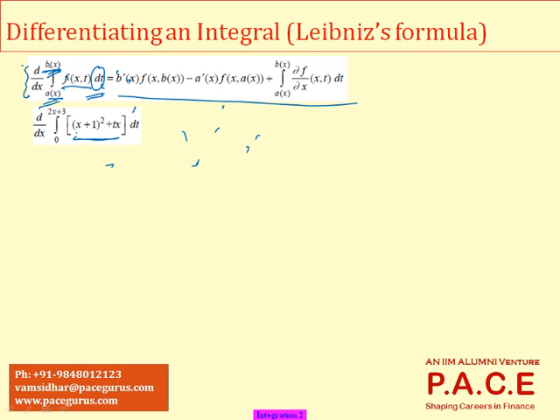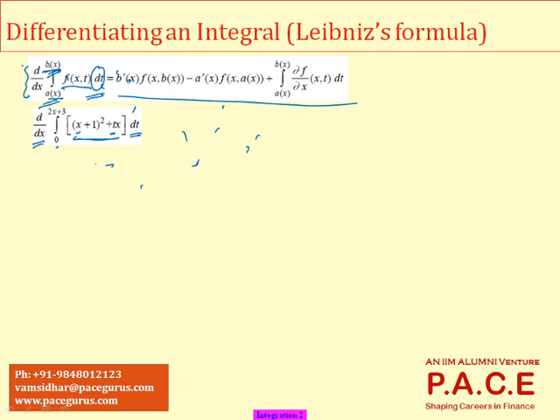It is in the form of x as well as t. Two variables are there in it. The integration is with respect to dt, the limits are in the form of x, and the differentiation is being done with respect to x. So I can very well apply the Leibniz formula in this kind of scenario.